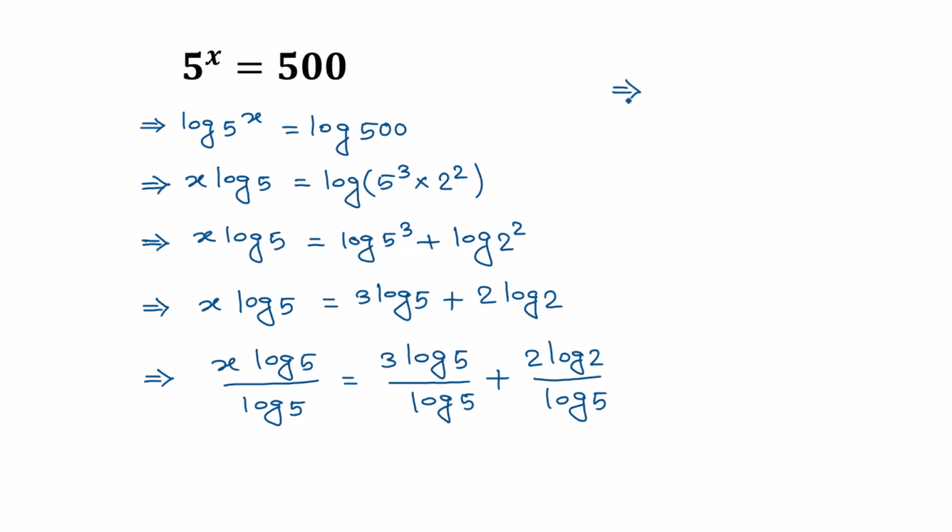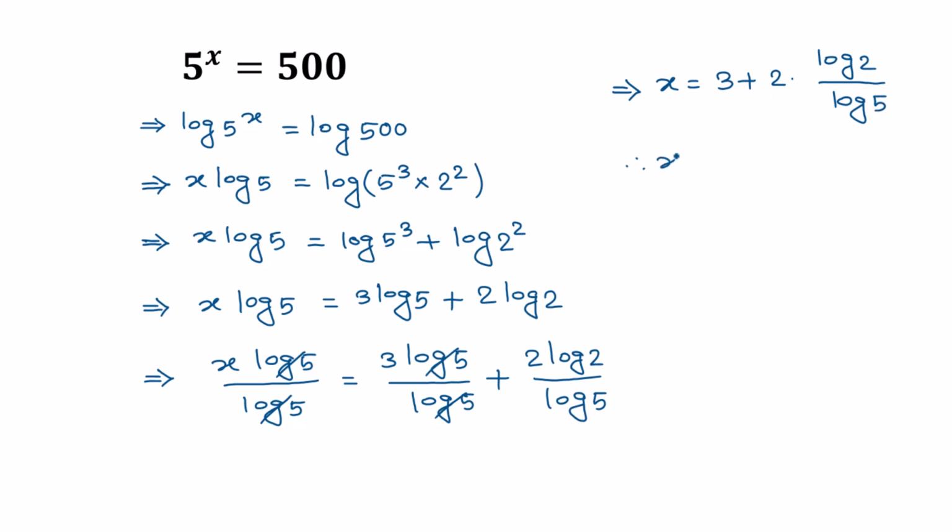Here log 5 and log 5 will cancel and the left side will be x is equal to, here log 5 and log 5 will cancel and remains 3 plus 2 times log of 2 divided by log of 5.